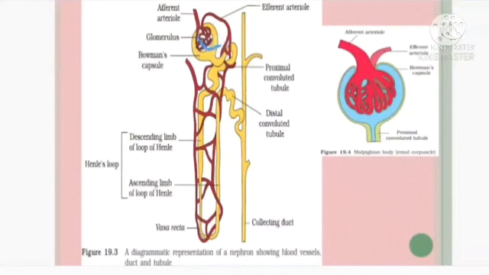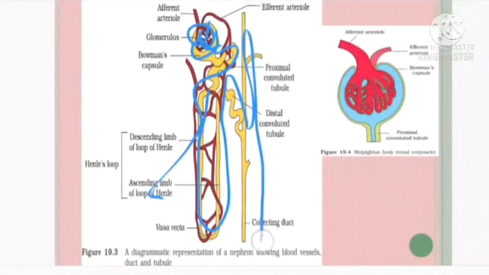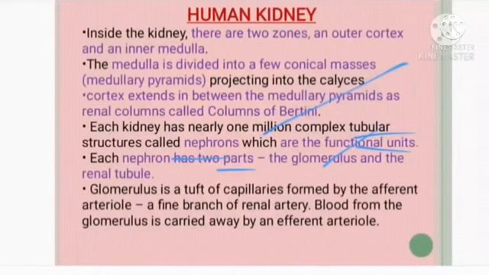Here is the glomerulus, the Bowman's capsule with the blood capillaries. Thereafter you can find the tubular structure, the renal tubule.